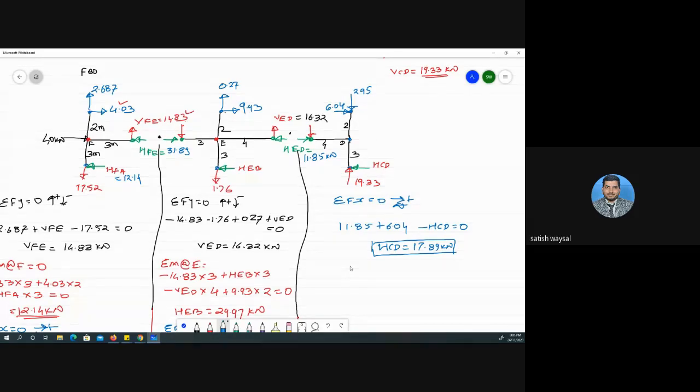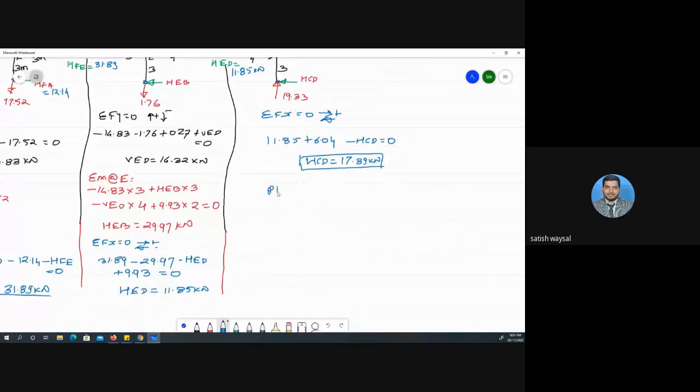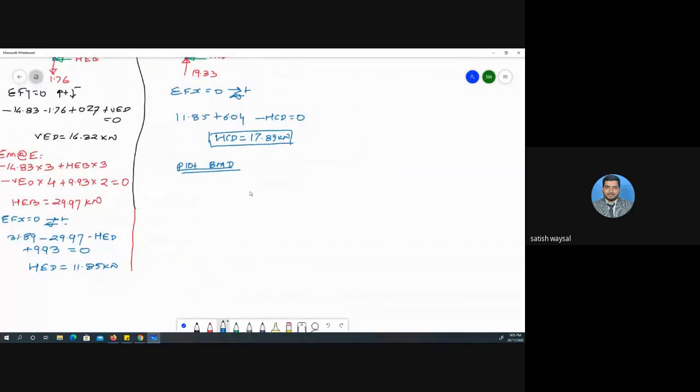But after that, the important aspect after analyzing the problem is to plot the bending moment diagram, and that I already taught you yesterday. So in a similar manner, after the lecture is over, you complete the bending moment diagram. Okay. So I will give one simple problem to you for the analysis, again by using the cantilever method.